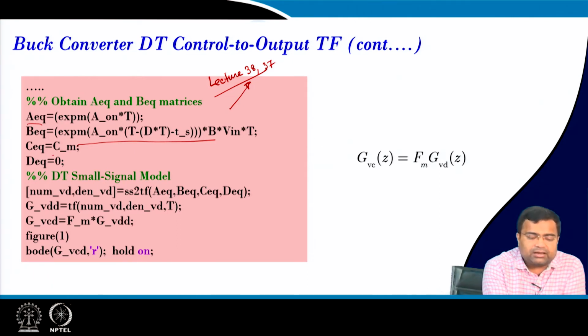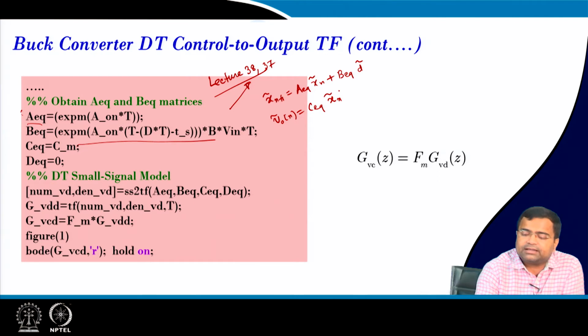Now, this expression is in the state space form: B equivalent times D perturbation, then we have V0 n which is C equivalent times x n tilde plus D equivalent times D tilde. So, D equivalent is 0.